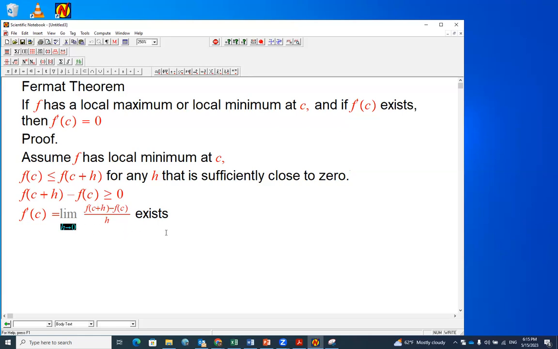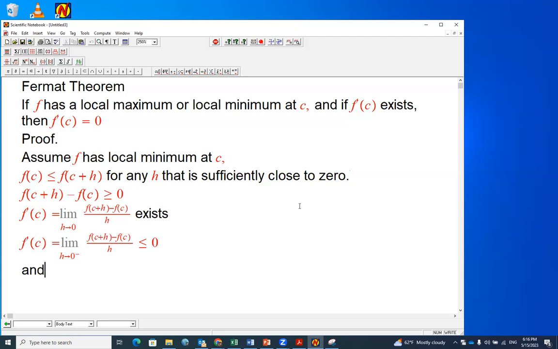And what is more, you can see the numerator is always positive or zero, but h approaching zero could be approaching from either side, right? So if we take the limit as h approaches zero from the left, because the numerator is positive or zero and the denominator is negative, a positive divided by a negative is going to be less than or equal to zero.